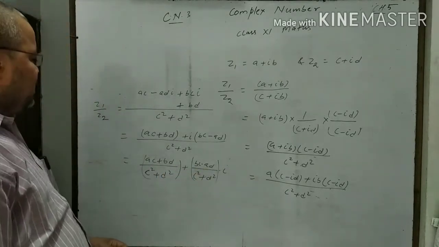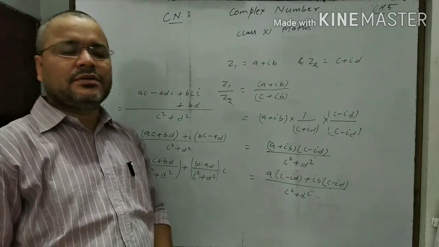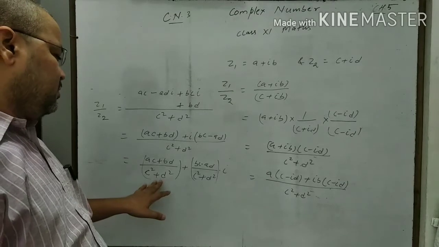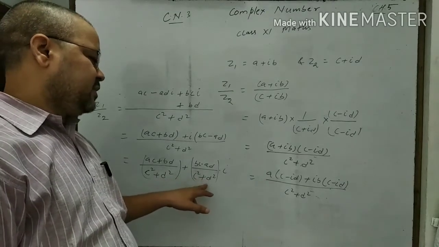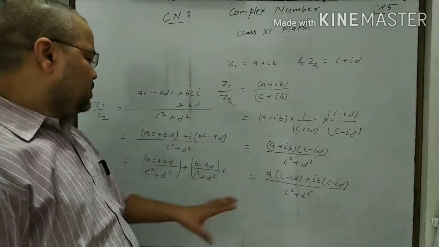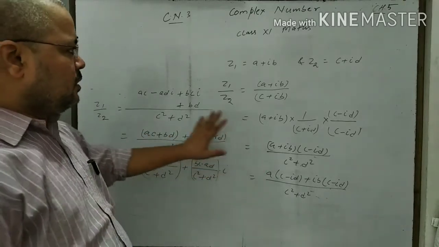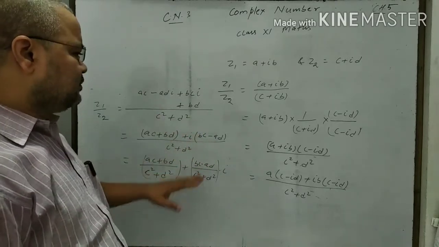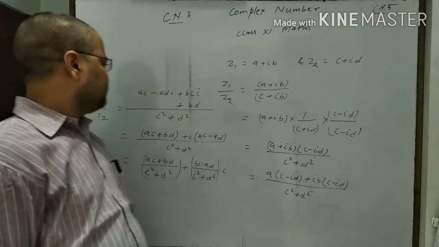It means the division of two complex numbers is also a complex number whose real part will be this and imaginary part will be this. With the help of examples also we can divide and find this shape.